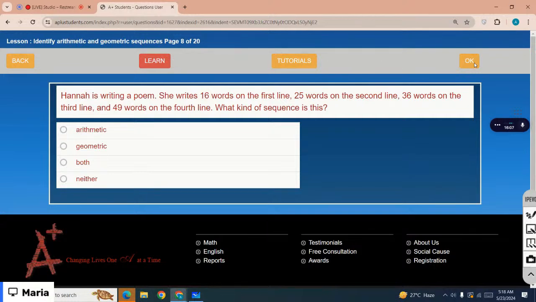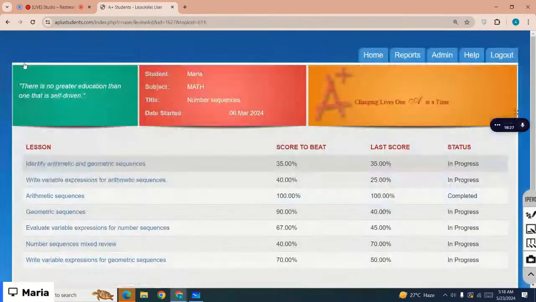Which is the correct option? Neither, right? Neither arithmetic nor geometric. Okay, you can complete the lesson by yourself later today. Let me move on to the next lesson.